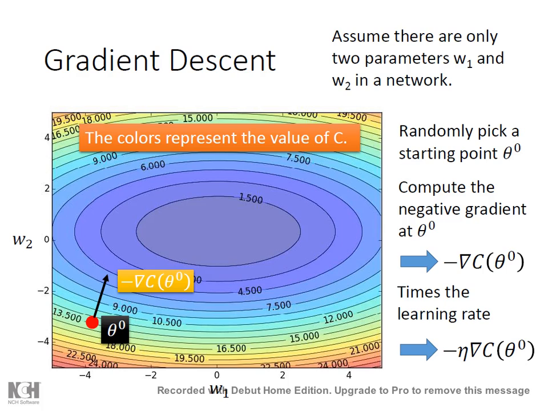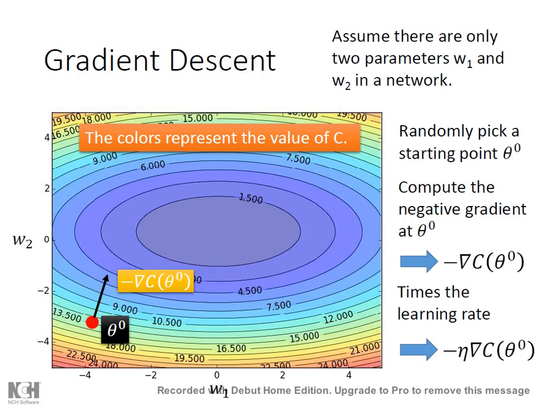We find this direction is the fastest way to reach the lowest point. So just go in this lowest direction, to here. Before, your parameter was here; now you reach this point, and you are getting closer to your lowest position, right? Next time you will go in another direction, until you reach the lowest position.